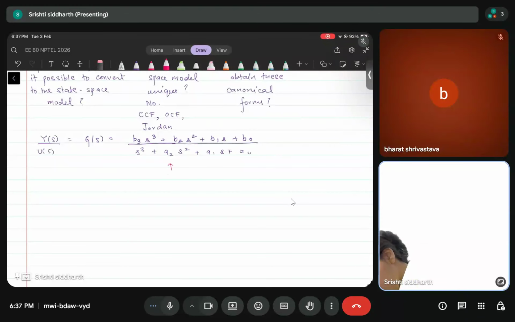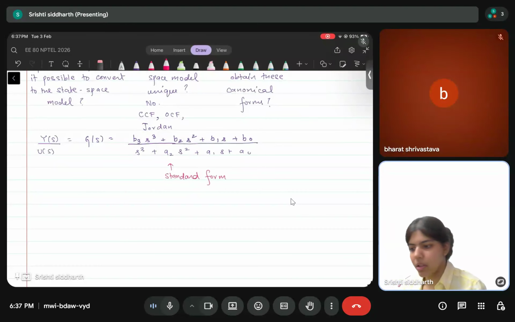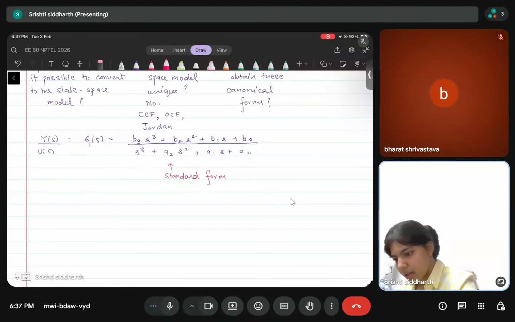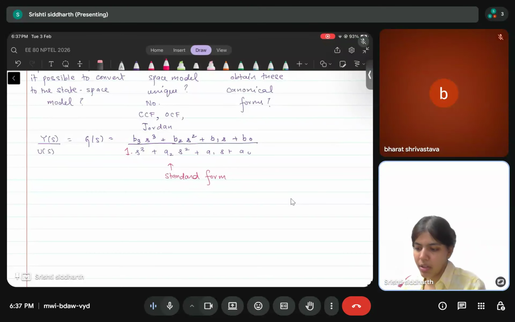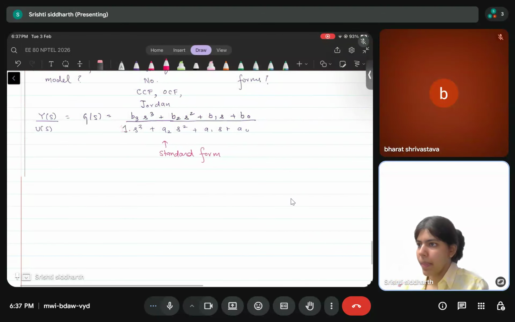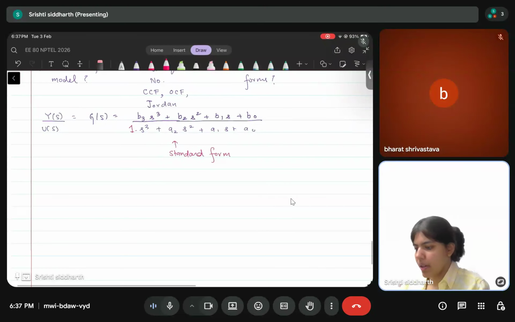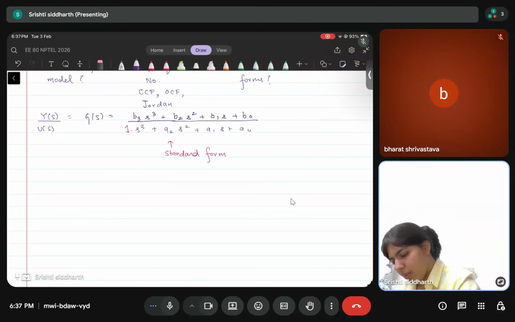So this is the standard form which we use to obtain the canonical state space models. The standard form has 1 as the coefficient of the highest degree in the denominator. Alright. And now we want to obtain the state space model x dot equals Ax plus Bu.